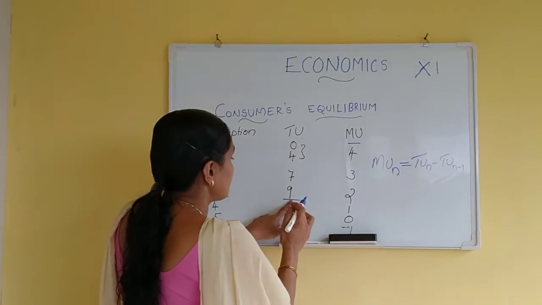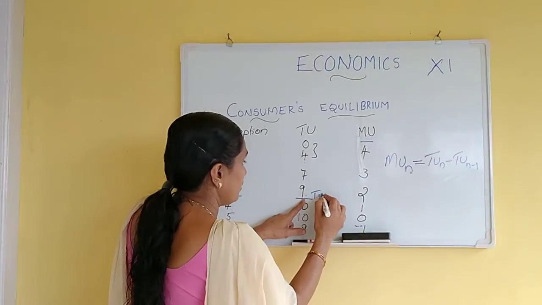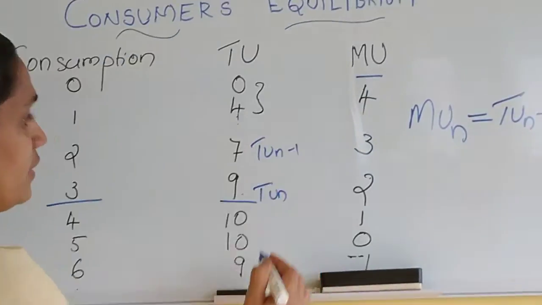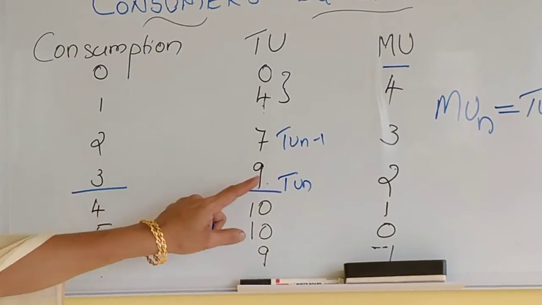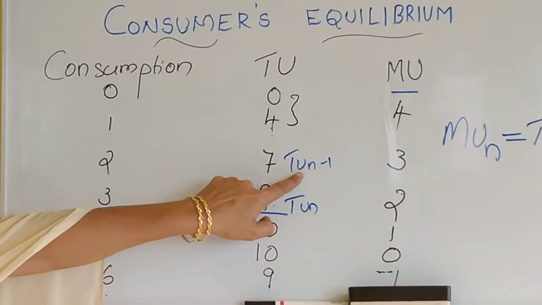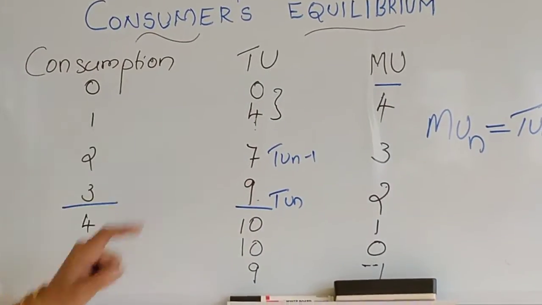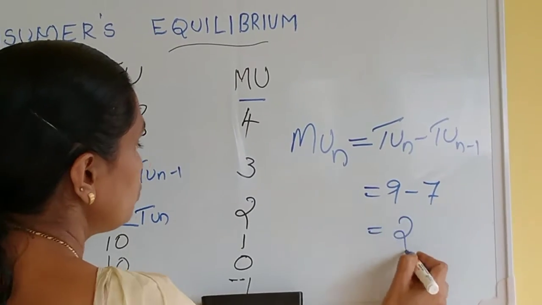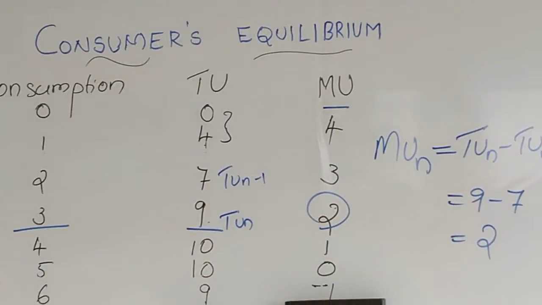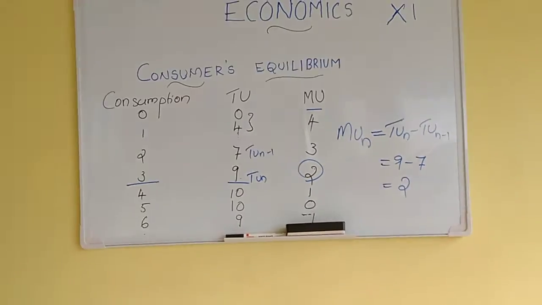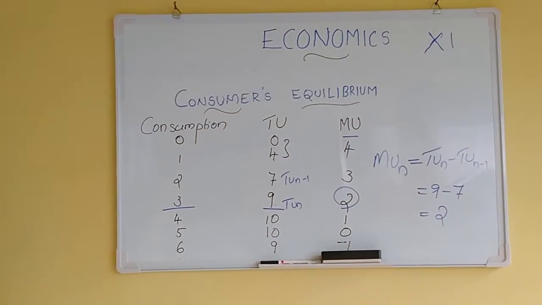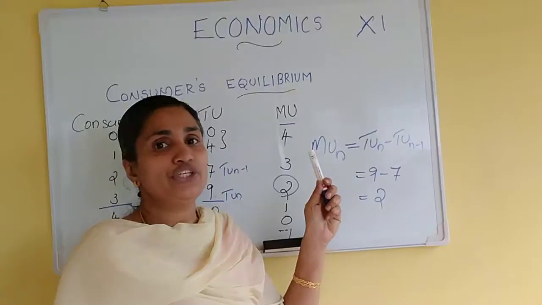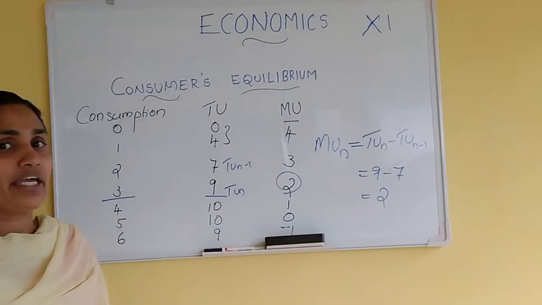We take this 9 as TU_N, and the preceding level is TU_N-1. So what is the difference between TU_N and TU_N-1? 9 minus 7 is equal to 2. That is the marginal utility. So the formula for calculating marginal utility is MU_N equals TU_N minus TU_N-1.